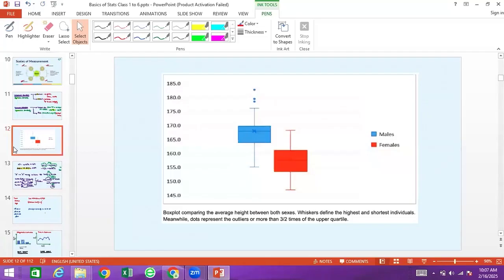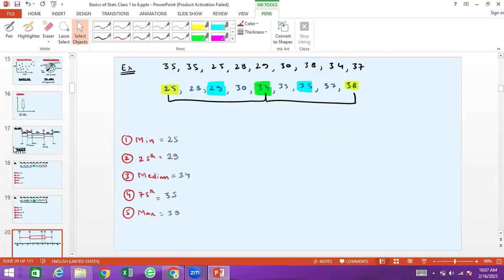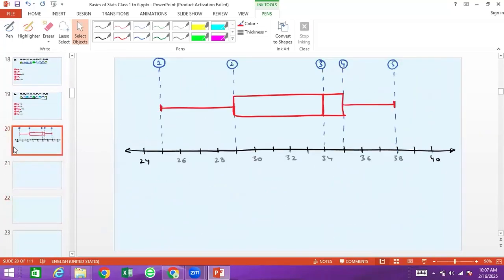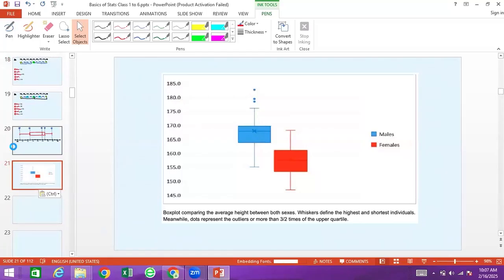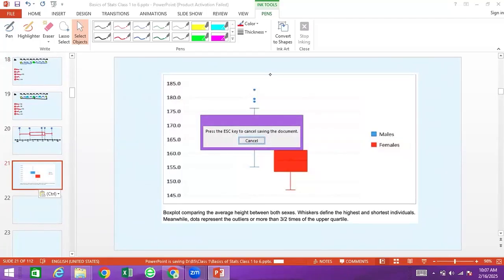Let's take this distribution, for example. Here we have the distribution of height between male and female.